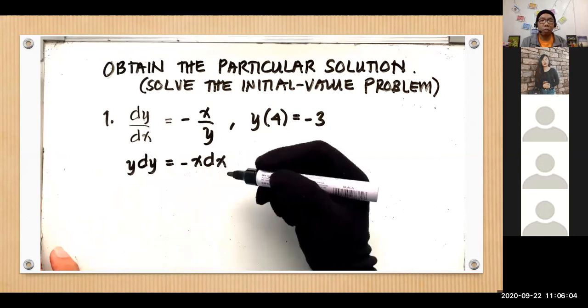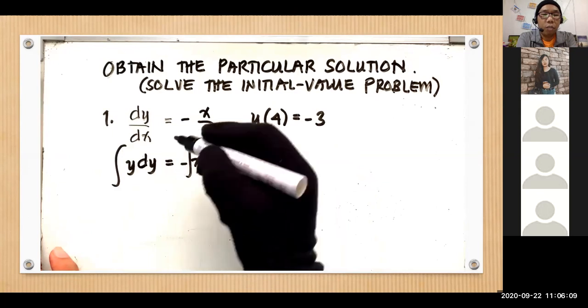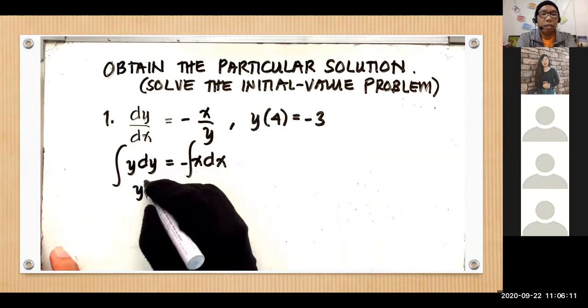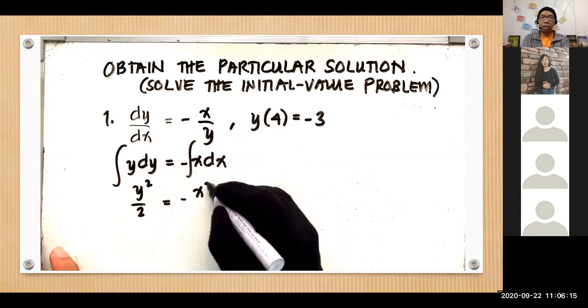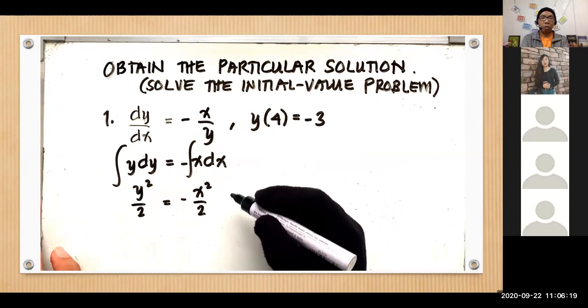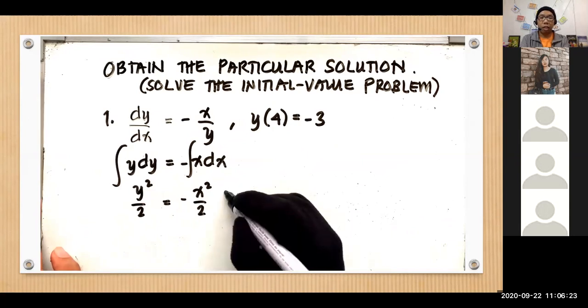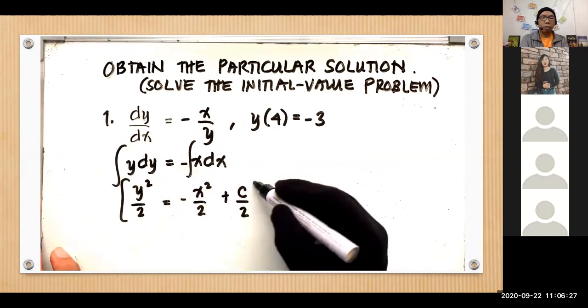Gawin muna natin to para ma-determine yung general solution. So we have cross-multiplied. Nasa left-hand side, y squared over 2. Sa right-hand side is minus x squared over 2. So para simplify natin yung mismo solution na yan, gawin na rin natin na c over 2 instead of writing plus c. Then multiply both sides by 2.